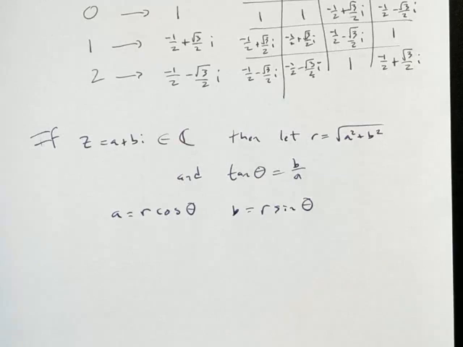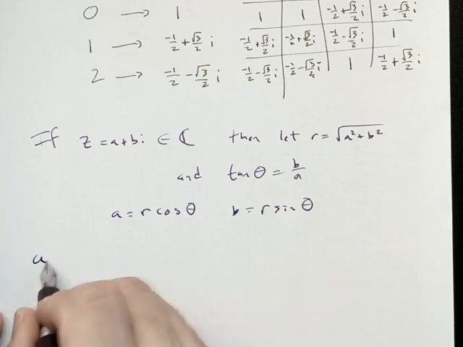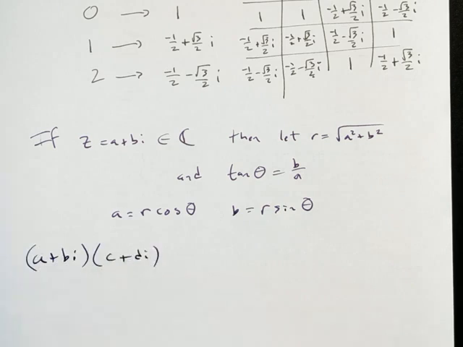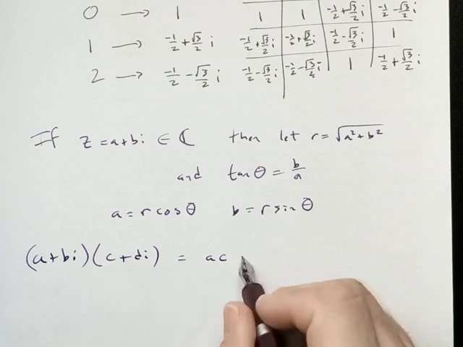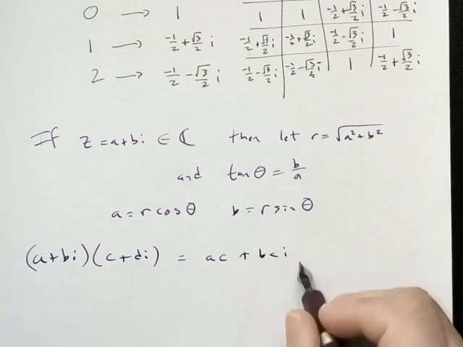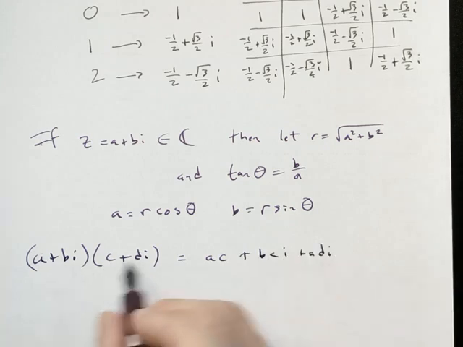Well, it turns out that if I take 2 different complex numbers and I multiply them together, like that, I could do that by doing the distributive property, right? A times C, B times BI times C, so that'd be BCI, ADI, and then BI times DI.